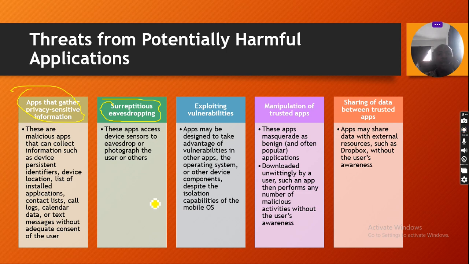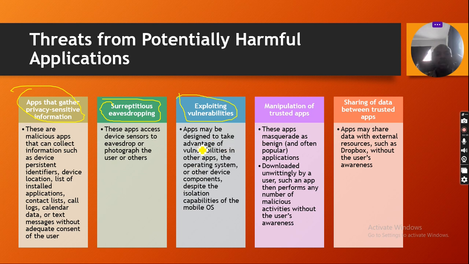Now, these apps access device sensors and then they eavesdrop or they photograph the users and every other thing that is in it. Now, another threat from potentially harmful application is exploiting vulnerability.